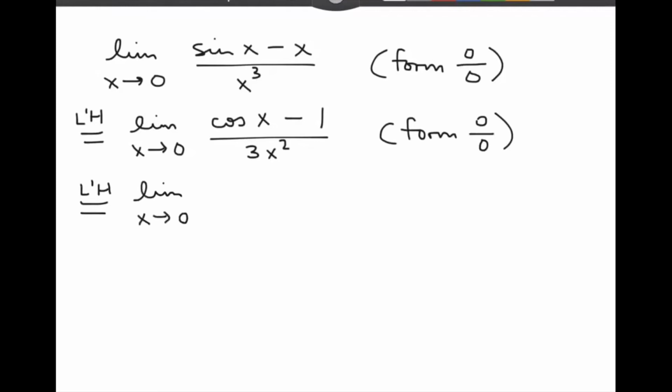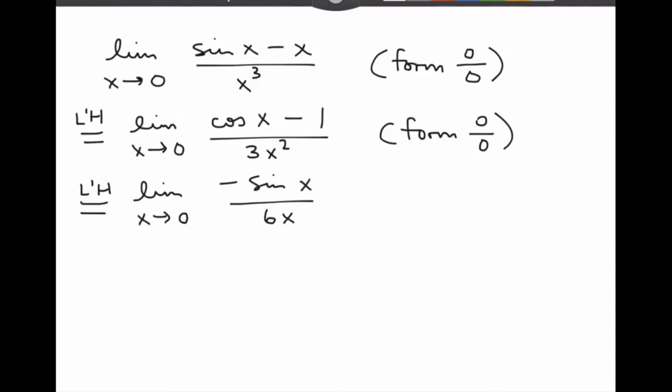The derivative of cosine x is negative sine x. And the derivative of 3x squared is 6x. Okay, now this limit also has the form 0 over 0, but you know what? I'm going to practice what I preach.